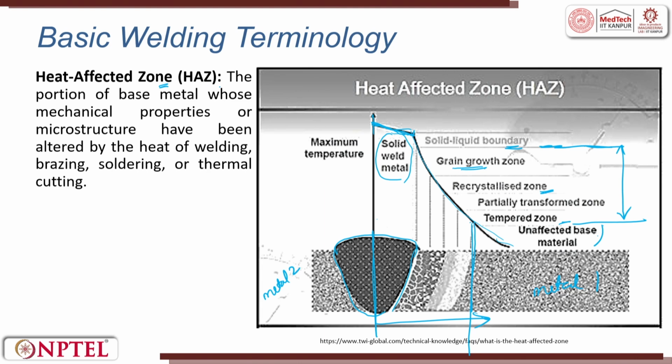The heat affected zone is the portion of the base metal whose mechanical properties or microstructure have been altered by the heat of welding, brazing, soldering or thermal cutting. So, it is called the heat affected zone. So, friends, the heat affected zone plays a very important role in terms of mechanical properties.